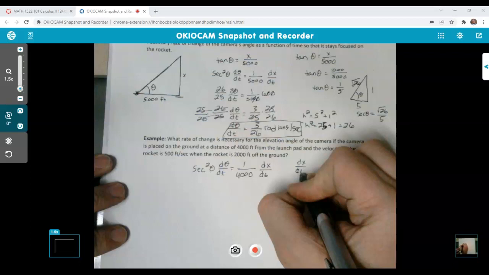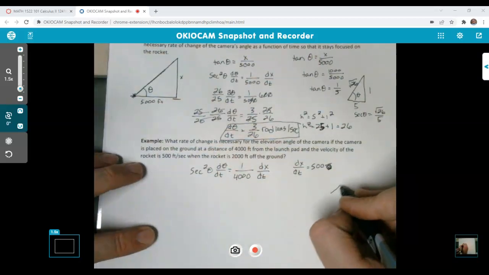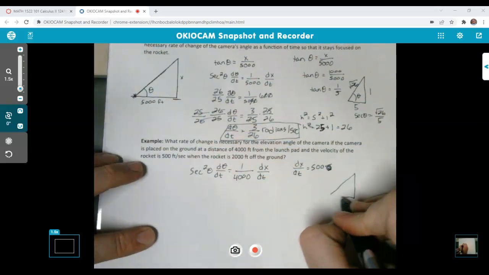What I know so far is that on theta, we know the height is 2,000, and we are 4,000 away. So tangent of theta, oh, sorry, I need secant, so sorry. We need secant, so I need this side length right here.